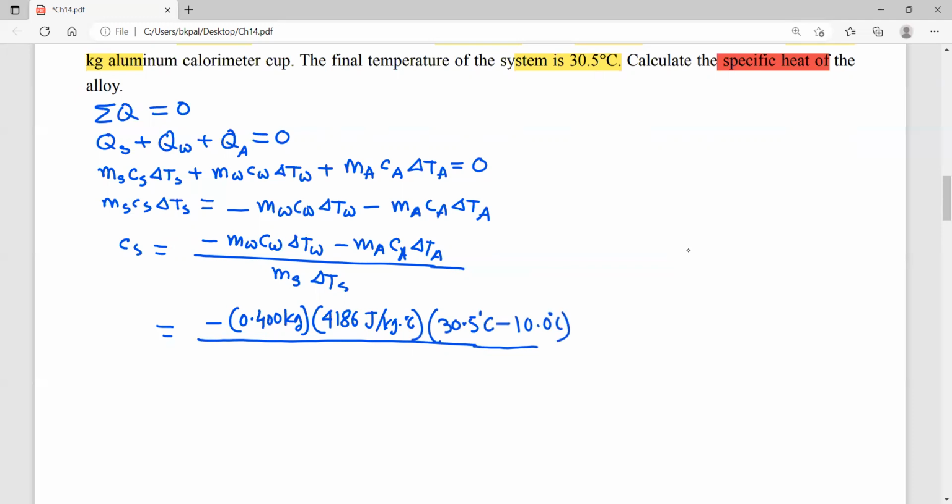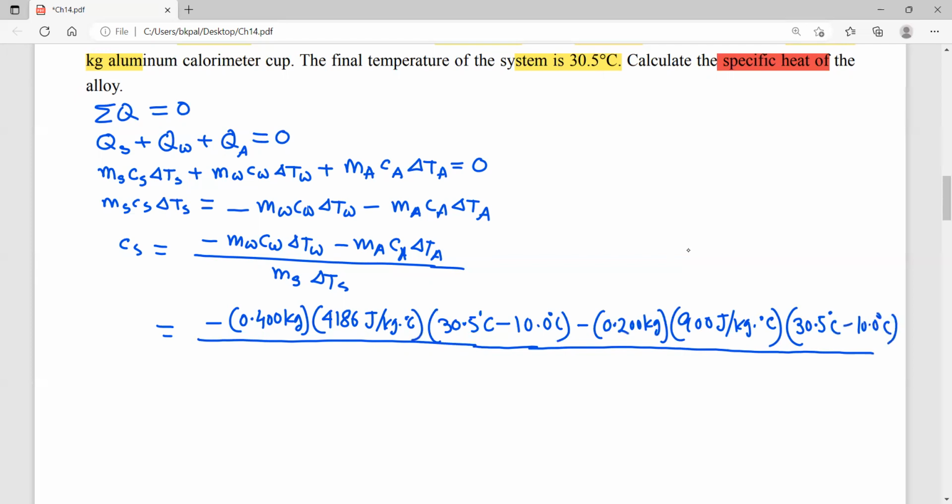That's for water. And this is also for the aluminum cup. The aluminum cup's mass is this one. Aluminum's specific heat is 900 joule per kilogram degree Celsius, and delta T is the same thing for aluminum: 30.5 degrees Celsius minus 10 degrees Celsius. So that's the numerator.